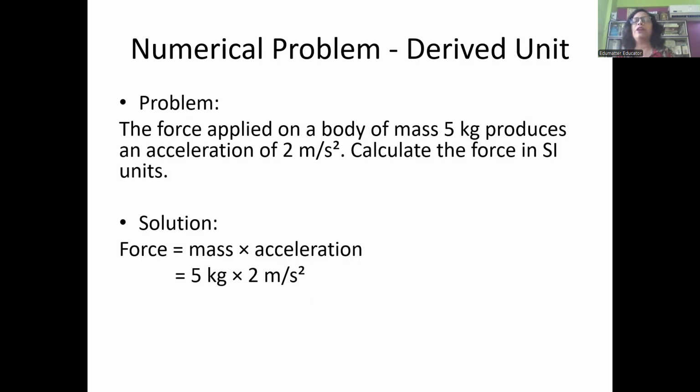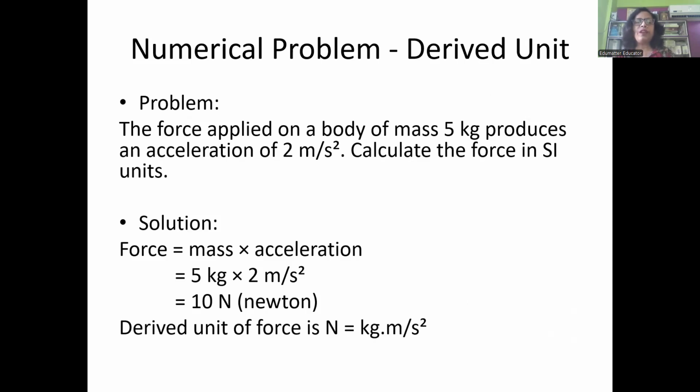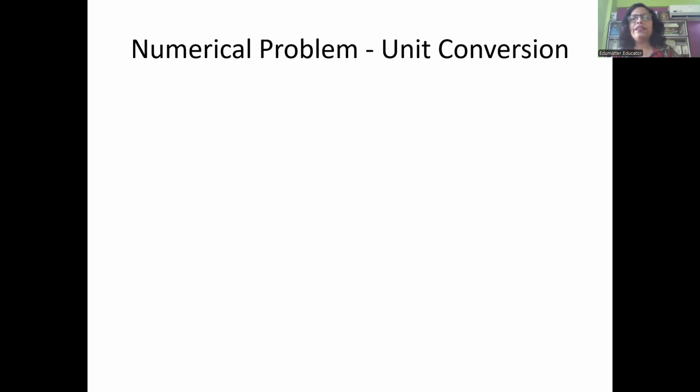Some conversion factor is to be multiplied. That is very important. So after calculation, we are getting 10 Newton. Already in the previous slide, we have seen 1 Newton is equal to 1 kg meter per second square. So the derived unit of force is Newton, which is equal to kg meter per second square. Next is about unit conversion. Just now I talked about that.